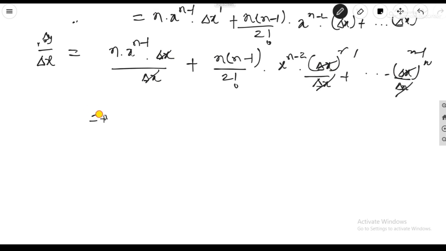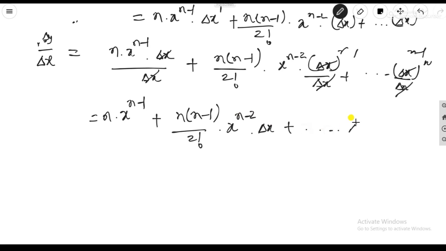So here delta x will cancel out. We are left with n into x power n minus 1, with no delta x here, and the next term will have delta x.